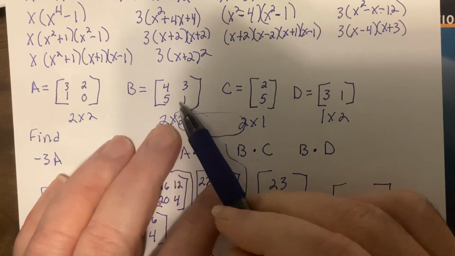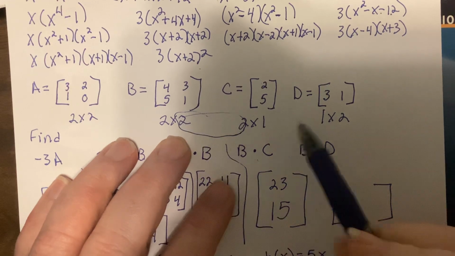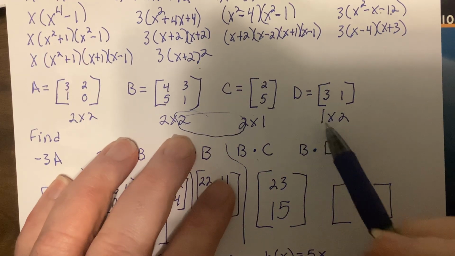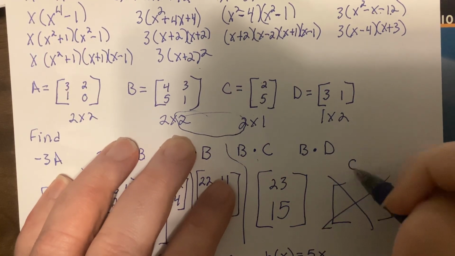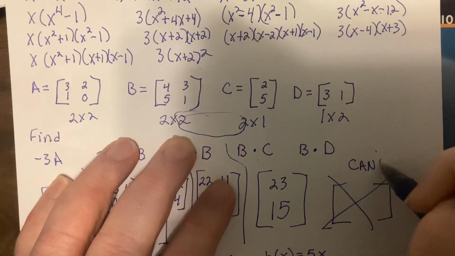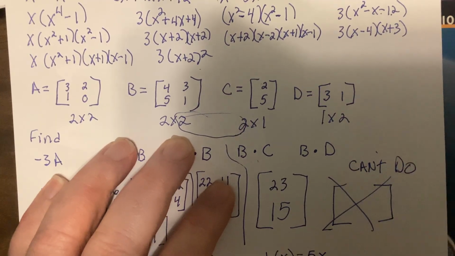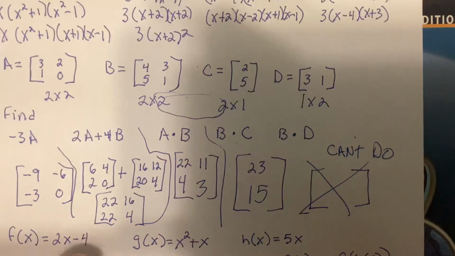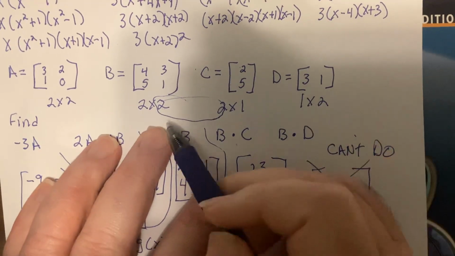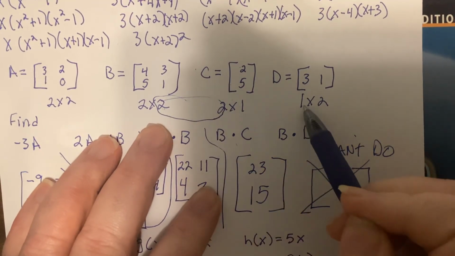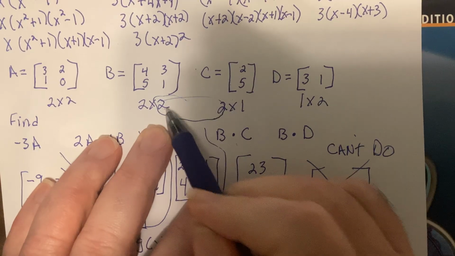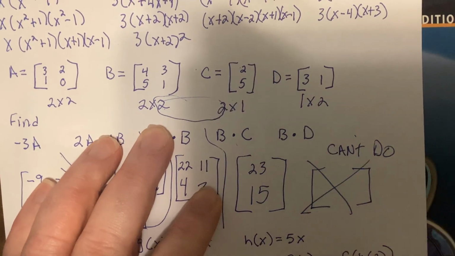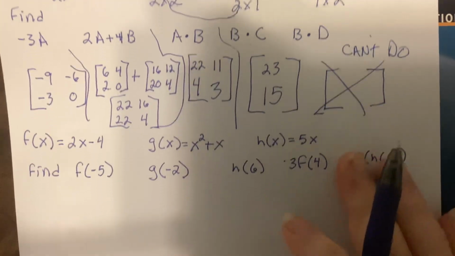So B times D, is this the same as this? Oh, no, it's not. So can't do it. The columns don't equal the rows, or the second one doesn't equal the first one. So B and D can't do.